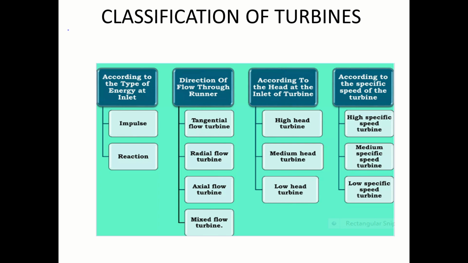We are going to see what is specific speed in the later part of the lecture. Based on the specific speed, the turbines are classified as high specific speed turbine, medium specific speed turbine, and low specific speed turbine. This is about the broader classification of turbines.